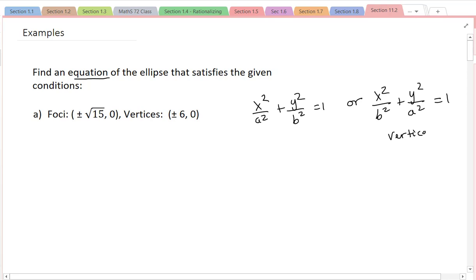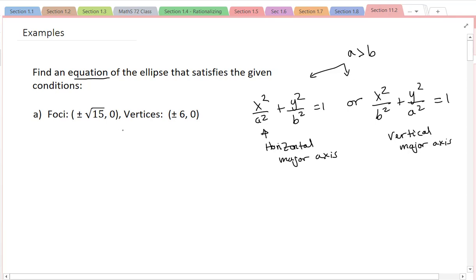And remember the a is the larger one. So for both of these, a is greater than b.